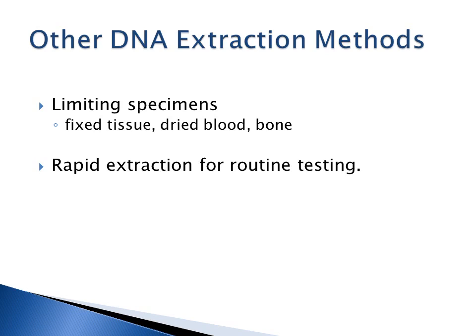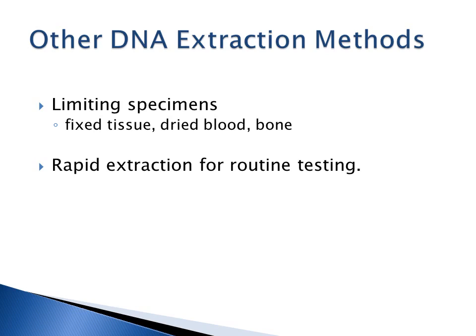Other DNA extraction methods: let's say you have a limiting specimen such as fixed tissue, dried blood, or bone. You may have to use other methodologies in order to obtain your nucleic acids. They actually do sell kits specifically for fixed tissues, dried blood, and bone.